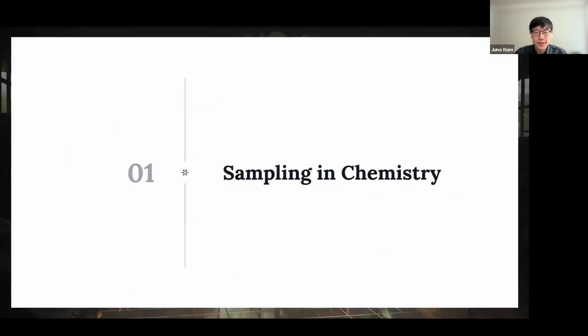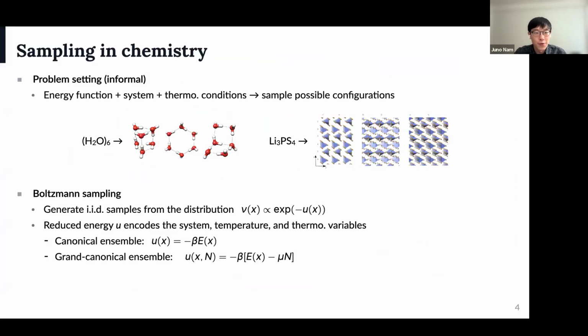So I'll start by explaining why we need sampling in chemistry. Informally, we want these kinds of applications. Given the energy function and the system and thermodynamic conditions like temperature, pressure, etc., we want to sample possible configurations.